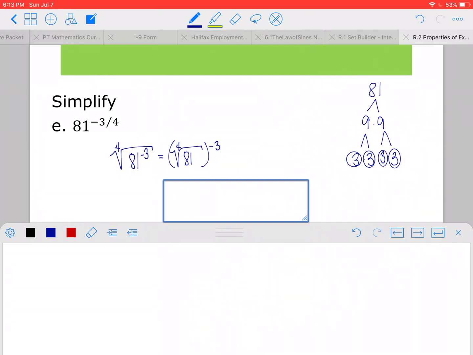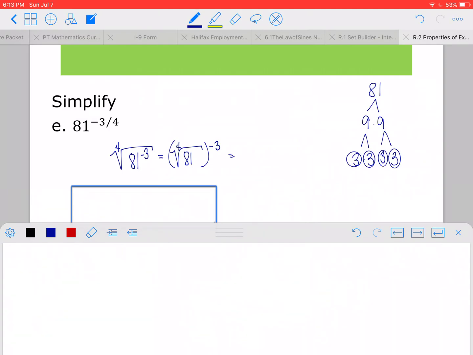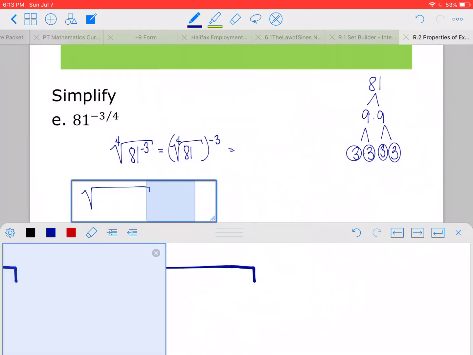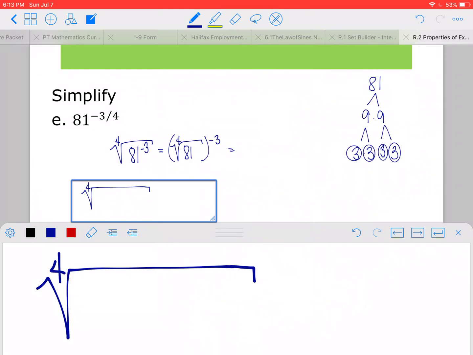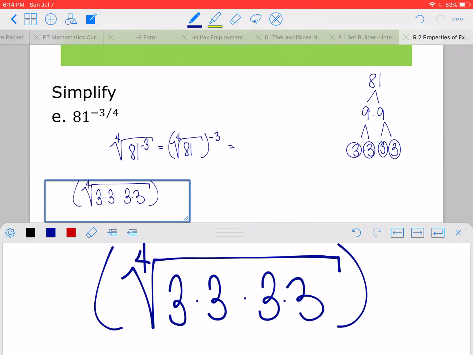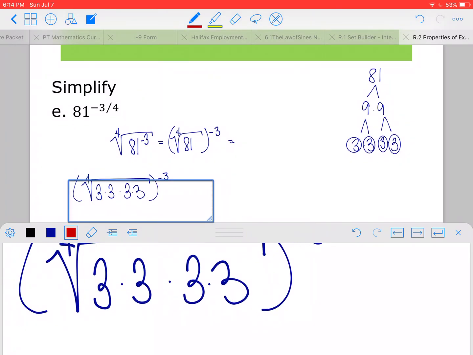So we've got the fourth root of 3 times 3 times 3 times 3. And we'll stick our negative third power on there. We've got a group of 4 3's.